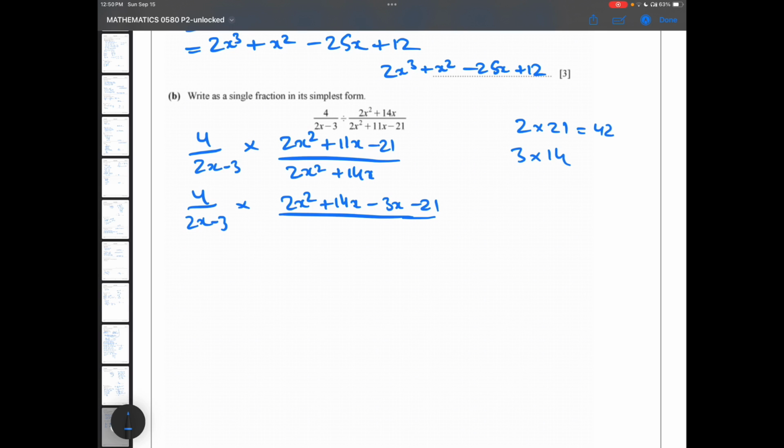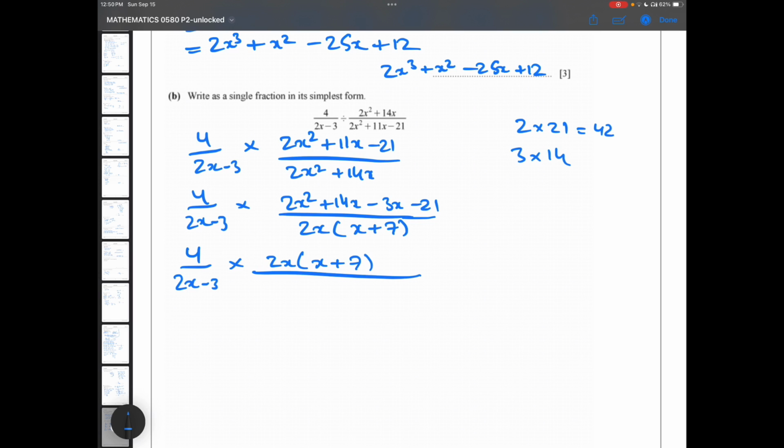And in the numerator I have 2x squared plus 14x. We can see that 2x is common over here. I took the 2x common and I am left with x plus 7. I have 4 upon 2x minus 3 multiplied with, in 2x squared plus 14x, 2x is common and I will be left with x plus 7.